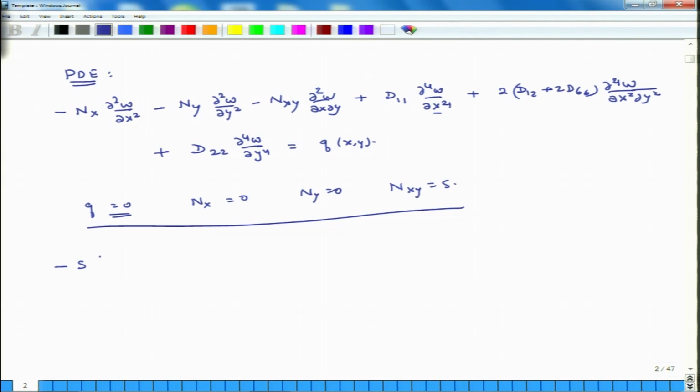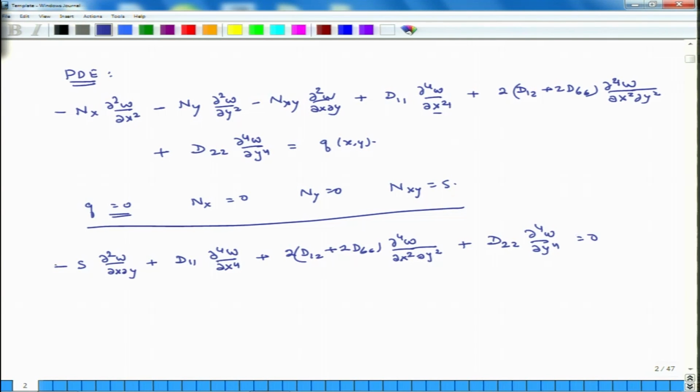minus S del 2 w over del x del y plus D11 del 4 w over del x 4 plus 2 D12 plus 2 D66 del 4 w over del x square del y square plus D22 del 4 w over del y 4 equals 0.